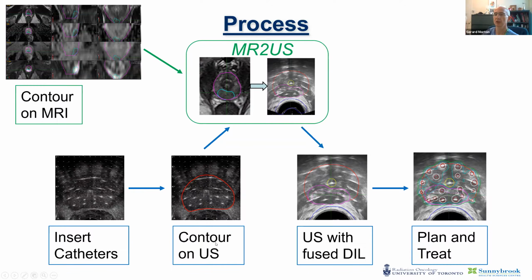So the prostate is contoured on ultrasound. These contours are then exported to our engine, and in 11 seconds, on average, will provide us a fusion of the MR and ultrasound with an expansion of a few millimeters if we so desire.